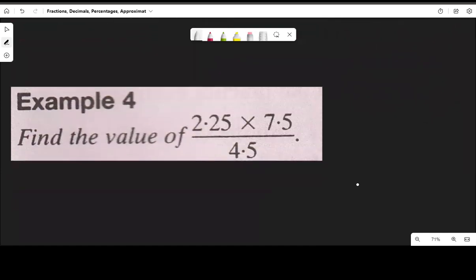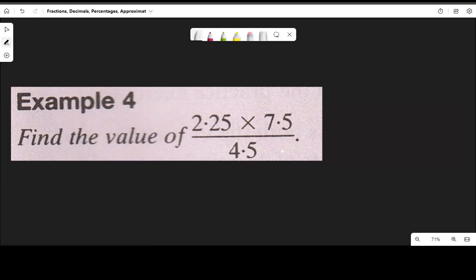So find the value of 2.25 times 7.5 divided by 4.5. Like I said earlier, WAEC allows the use of a calculator. So with a question like this, there's no point wasting our time trying to do it without a calculator.